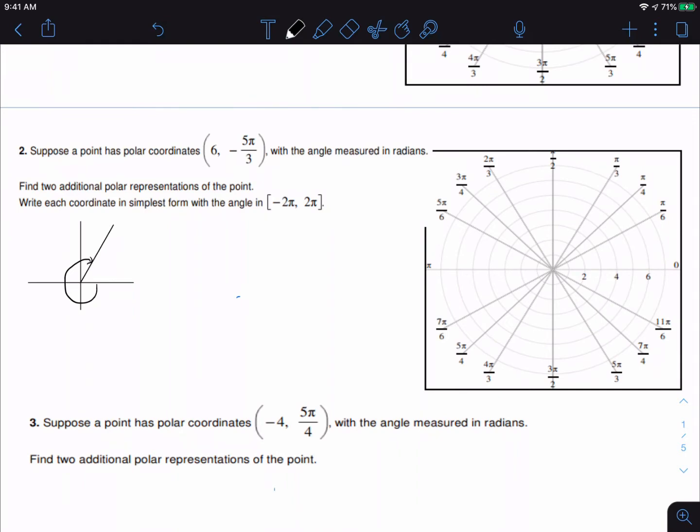With a length of 6. So this is going to be 6 comma negative 5 pi over 3. But if we were to do coming from the positive side, that would be, again, going forward. So that would be 6 and then pi over 3.